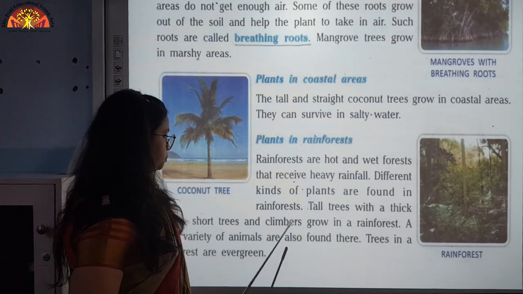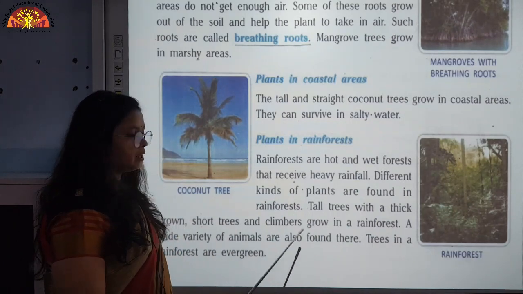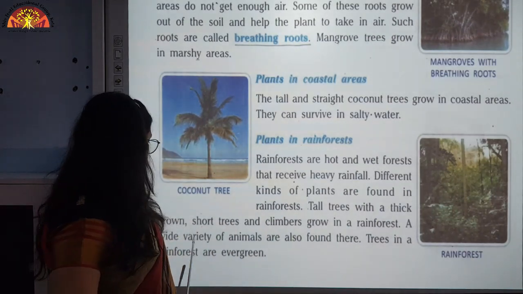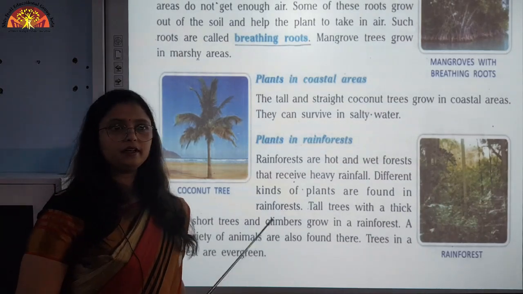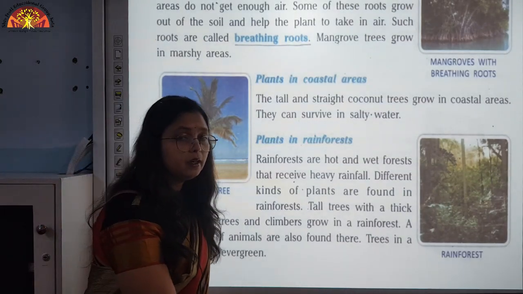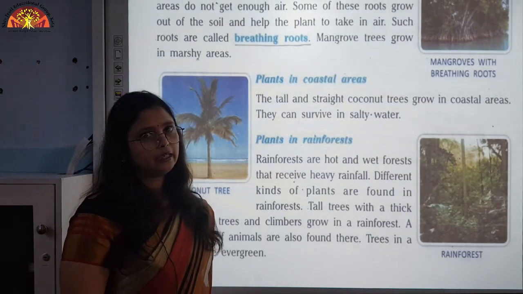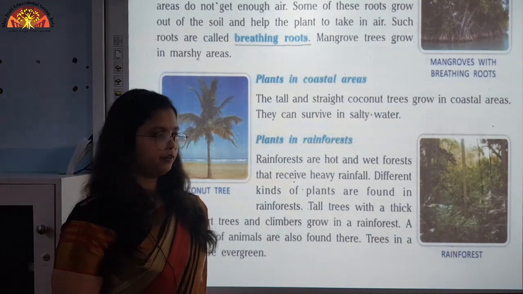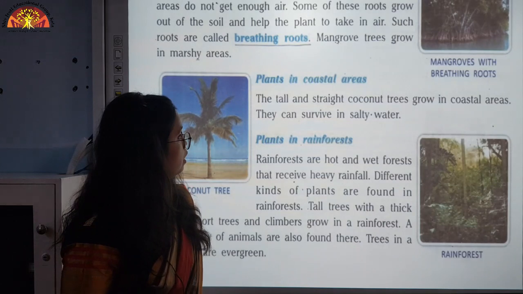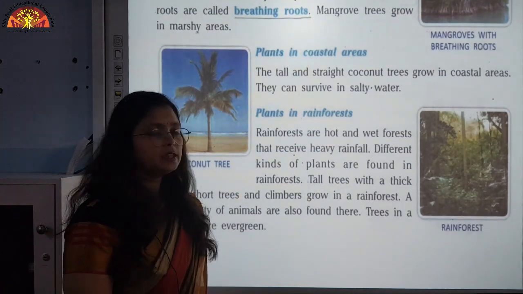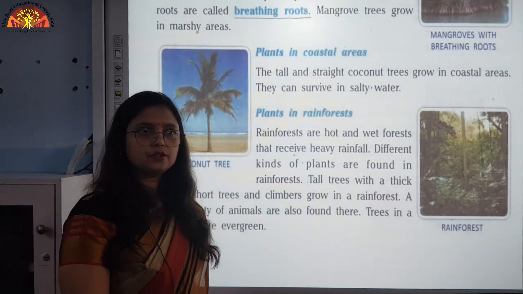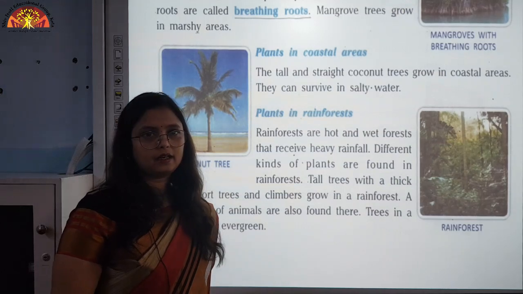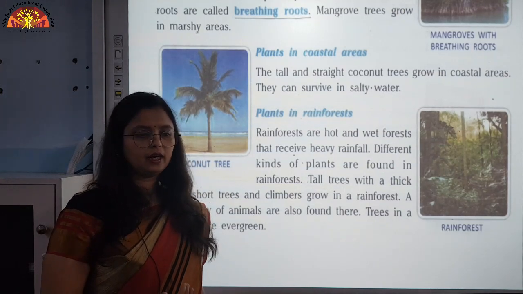So a wide variety of animals are also found there, and trees in rainforests are evergreen, means they bear leaves throughout the year because they are receiving plenty of rainfall, so they are evergreen. Okay. Now, this was all about the adaptations in the plants that live on land, that is terrestrial adaptations.